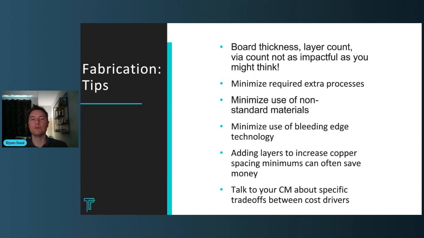We get into cost that's added by boilerplate drawing notes, meaning you might be in an organization where a significant percentage of your fab and assembly drawings are already created, and you're just editing them for each new design. This is one you should make sure not to include on designs that do not require filled vias. So what designs require filled vias?